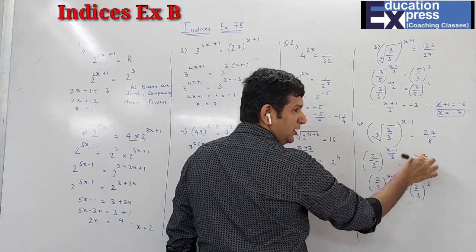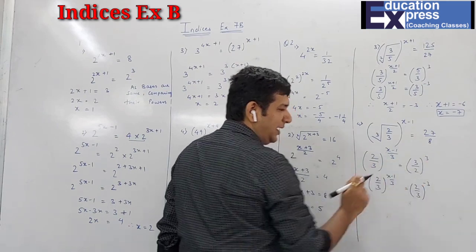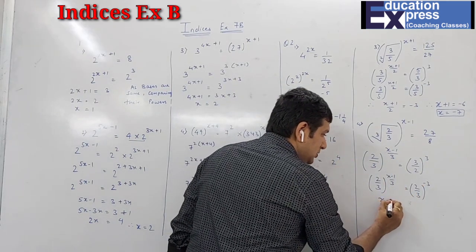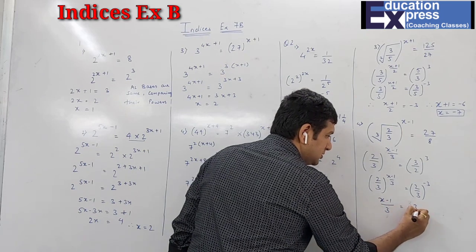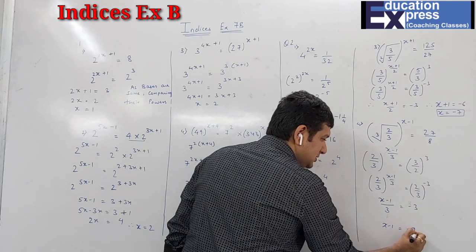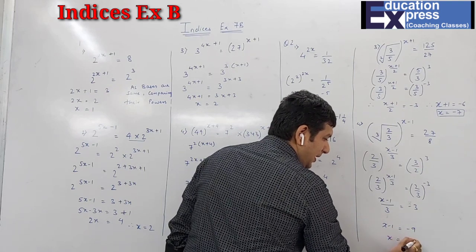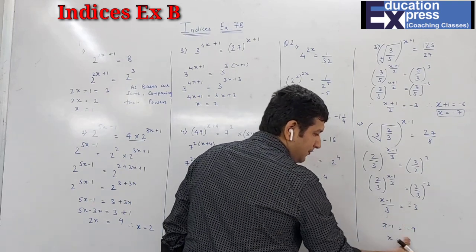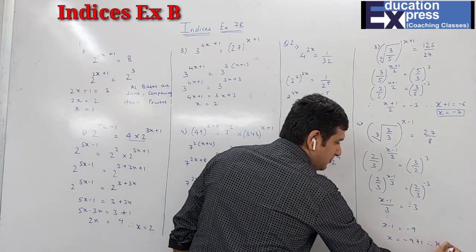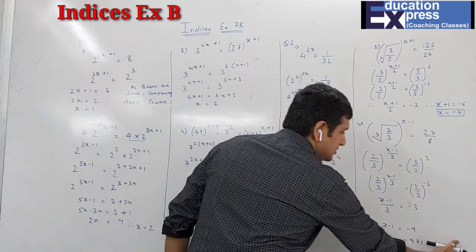If this is minus 3, it becomes plus 3. If it's plus 3, we're going to get minus 3. So you have to change the sign, whatever it is. Now the bases are same. So (x minus 1) upon 3 equals minus 3. So now x minus 1 equals minus 9, hence x is minus 8. Minus 1 goes there, becomes plus 1, and therefore x is minus 8 is the answer.